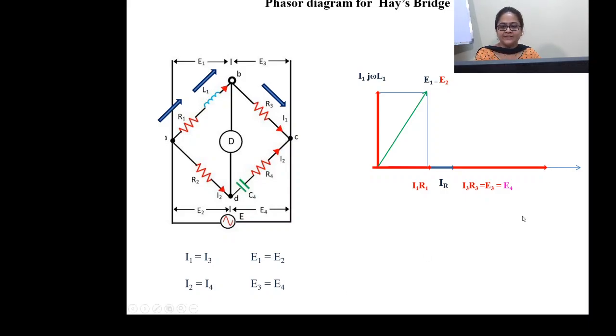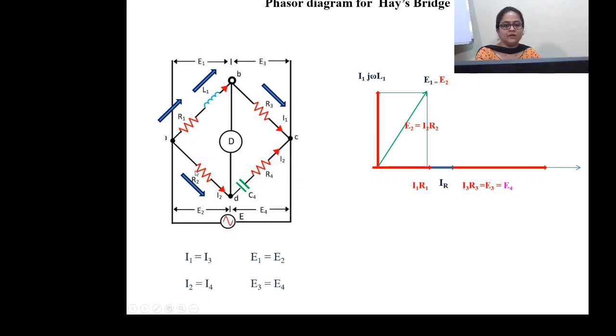Immediately write down E3 is equal to E4. We have both the phases, E1, E2 and E3, E4. We have to add these phases to get the resultant phase.